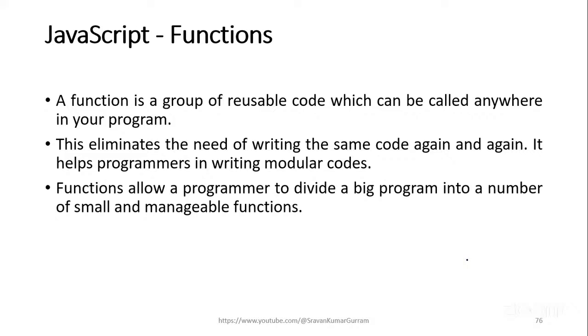That's why, in real time, we divide a big project into small tasks. For example, my application is a bank-related application. So as a developer, you must think about what the main tasks are that we need to implement in that software.